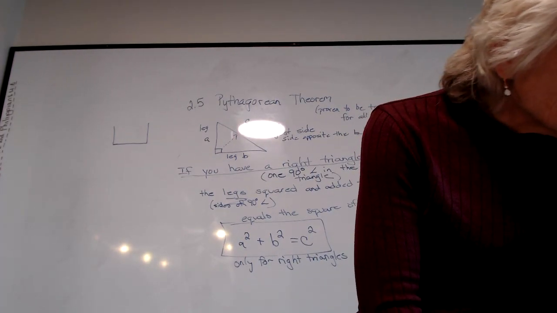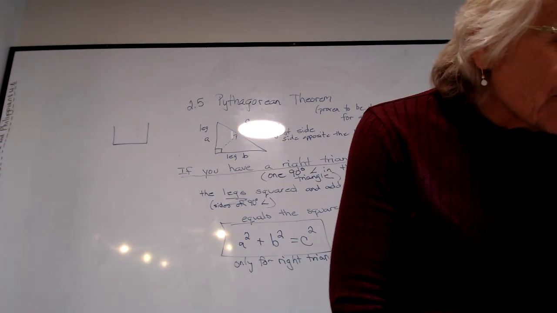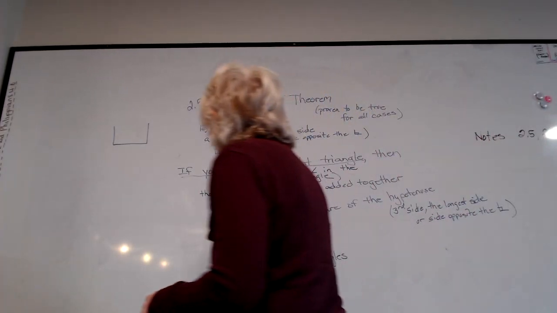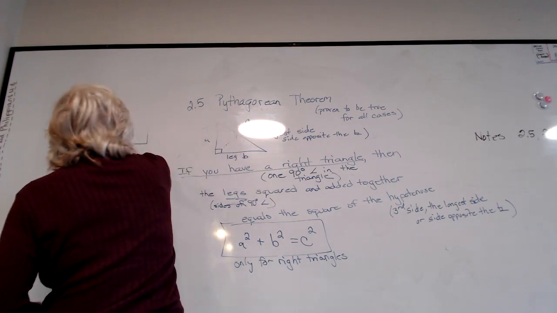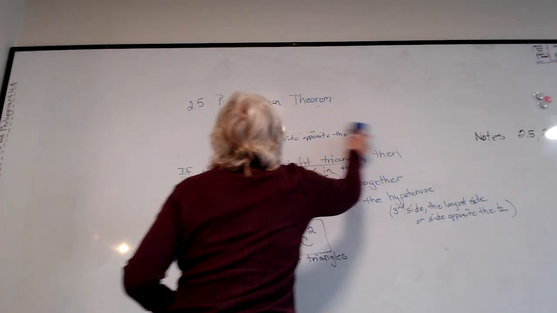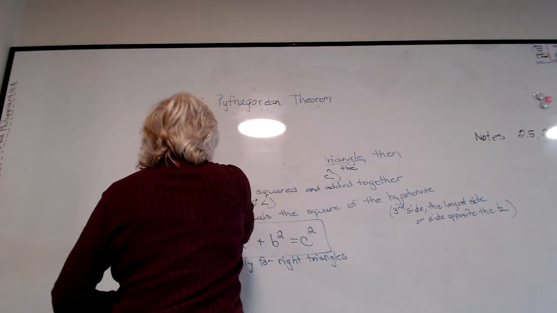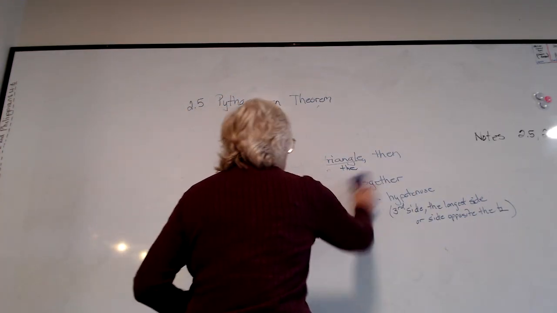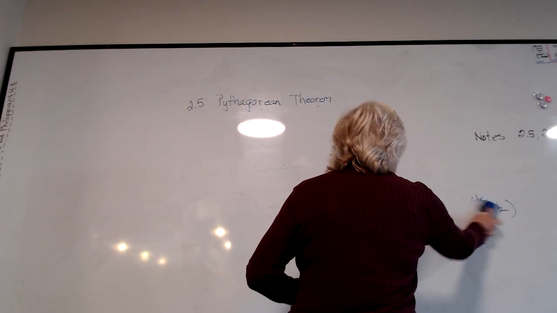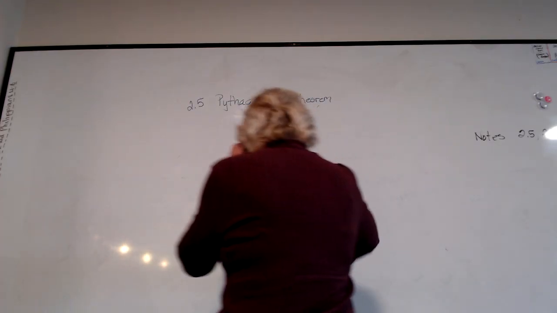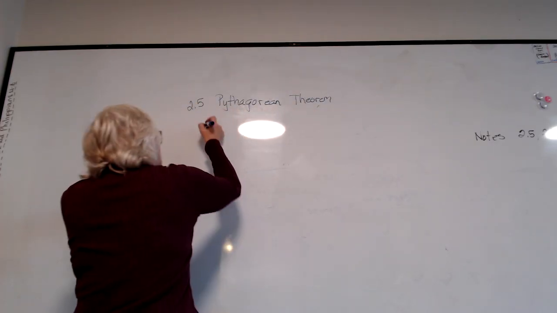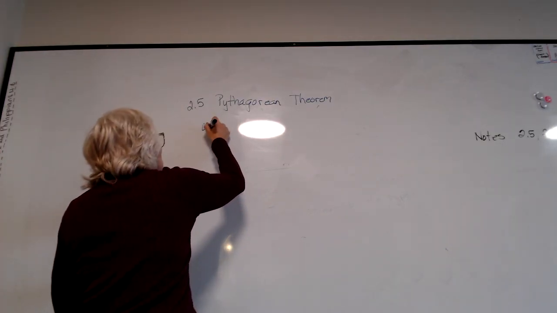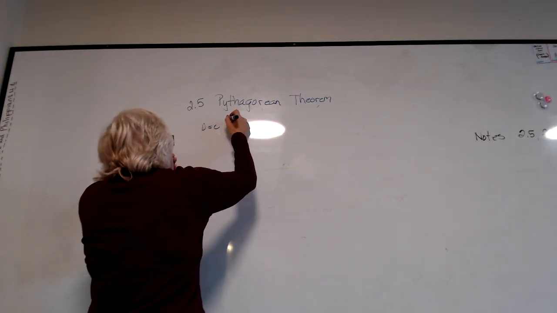Now, let's just do a couple. They're going to talk about a couple, but we're going to do some just to show how you use this and how you solve. Okay, so we're going to use the Pythagorean theorem.